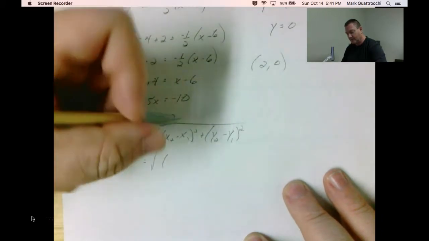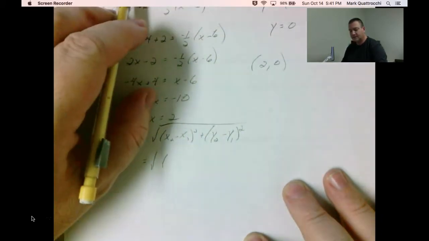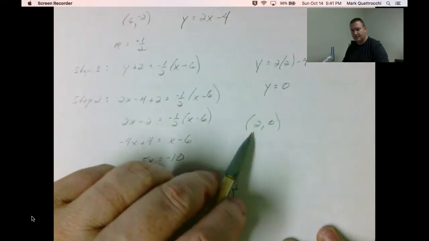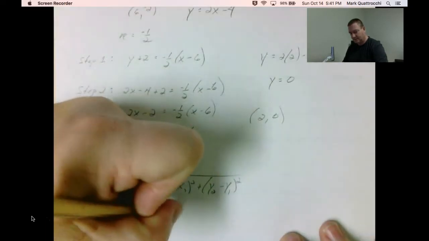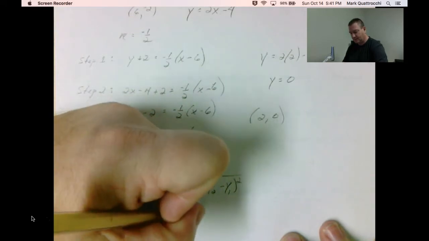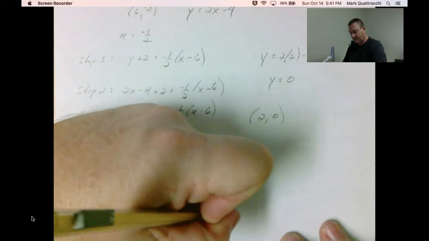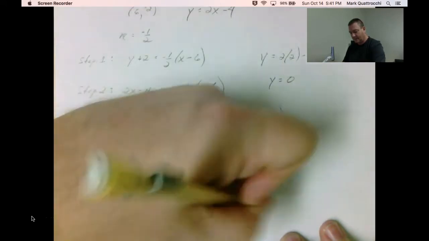Square root of, let's do (6 minus 2) squared plus (-2 minus 0) squared.